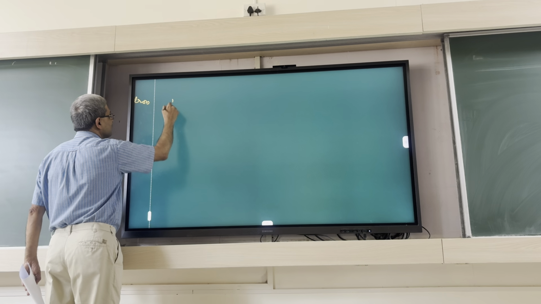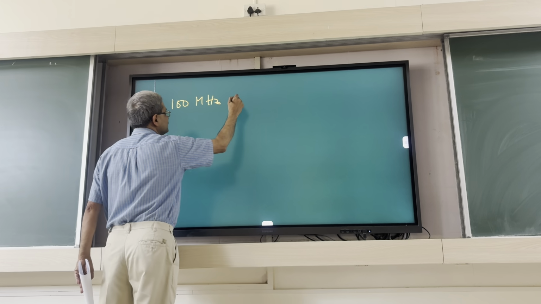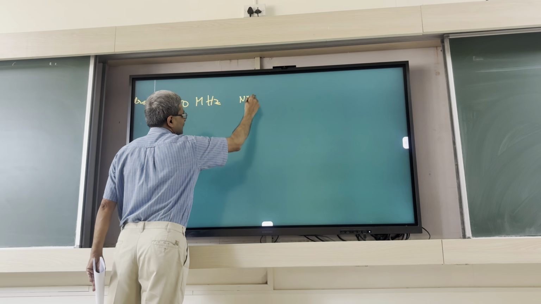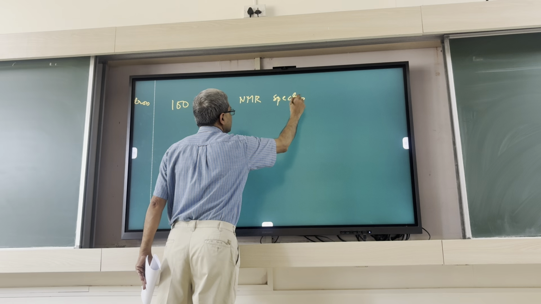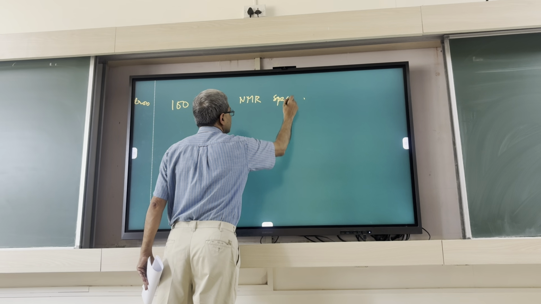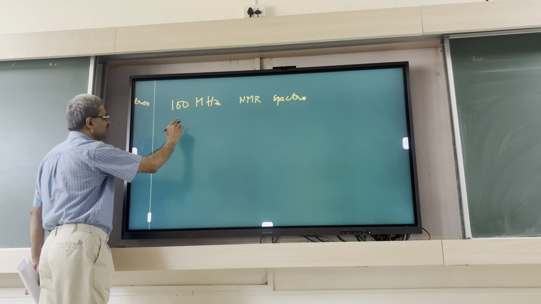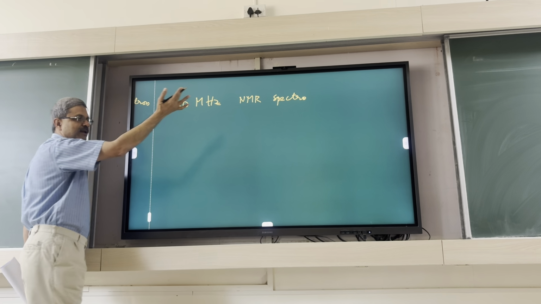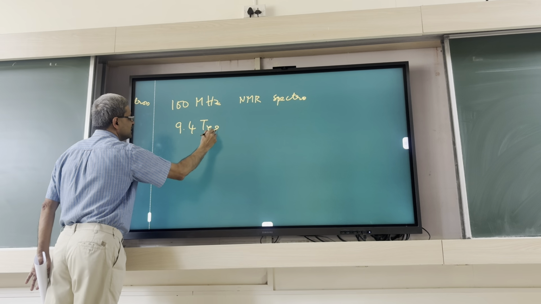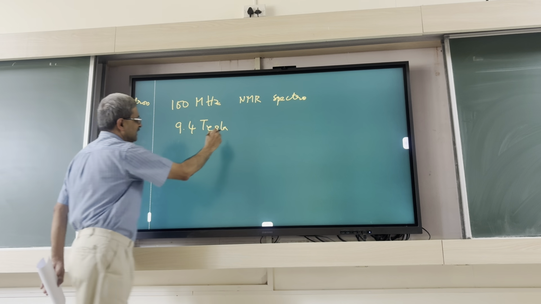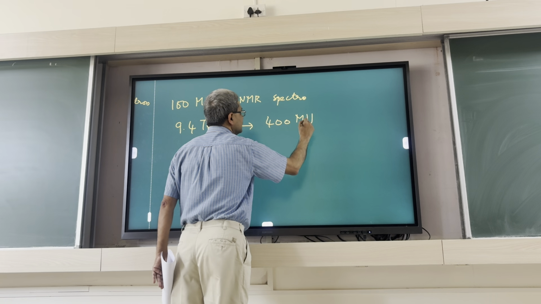So roughly speaking, they'll quote a 100 megahertz NMR spectrometer or 400 megahertz, whatever. For example, in my lab we have an approximately 9.4 Tesla magnet. That is actually a 400 megahertz.